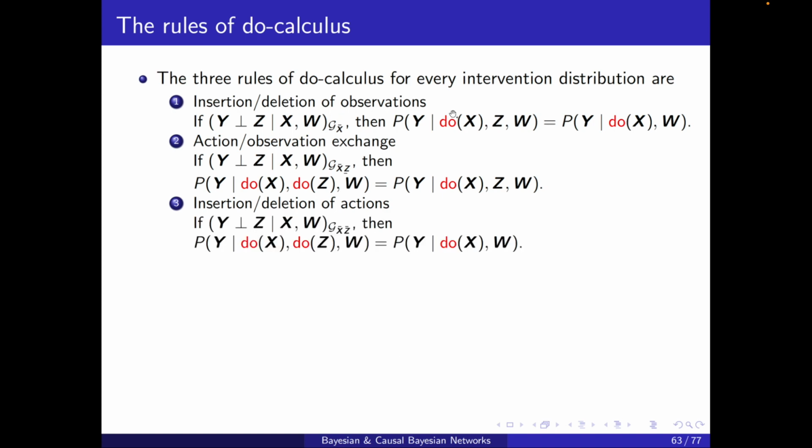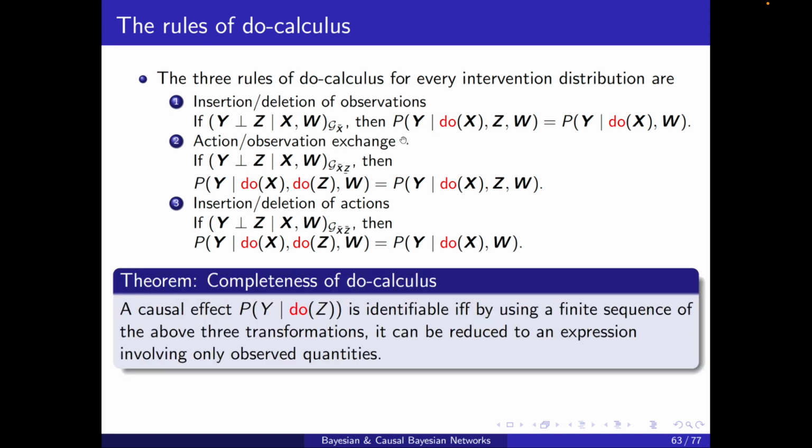So I have all these 3 rules of do calculus. Now, here's the theorem, the completeness of do calculus. A causal effect, P of Y given do of Z, is identifiable if and only if, by using a finite sequence of these 3 rules, it can be reduced to an expression involving only observed quantities.